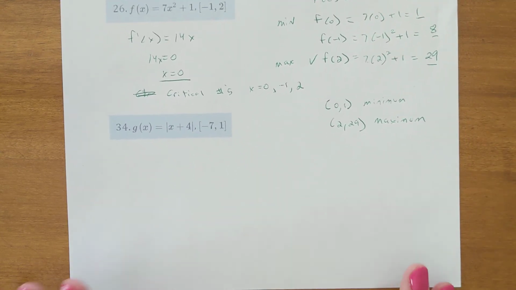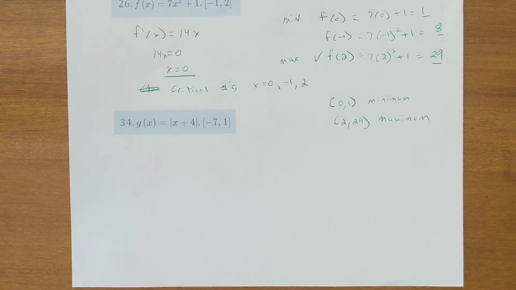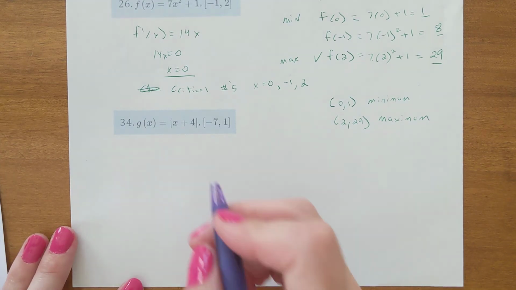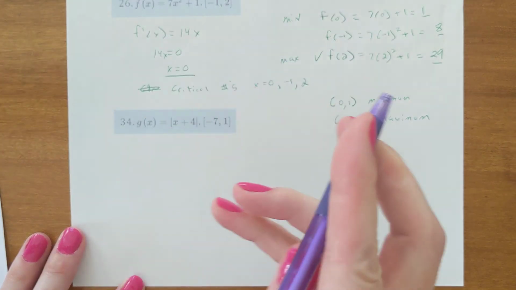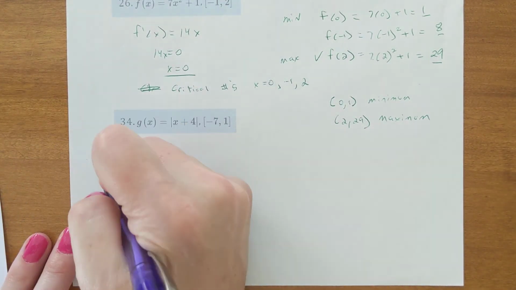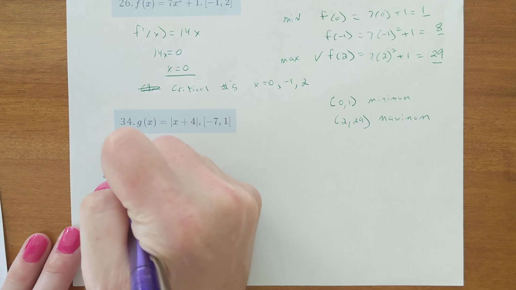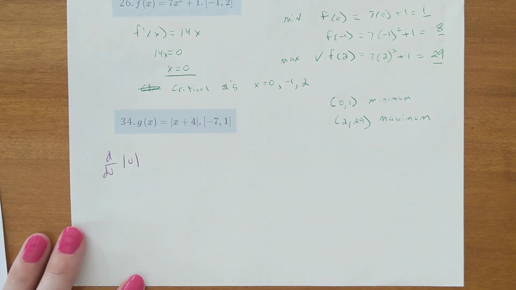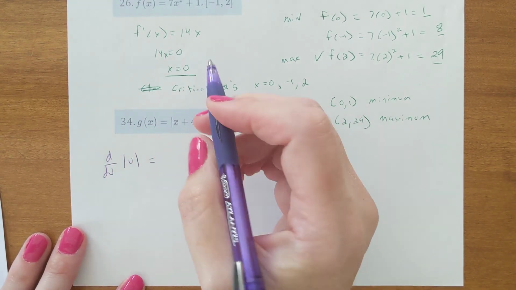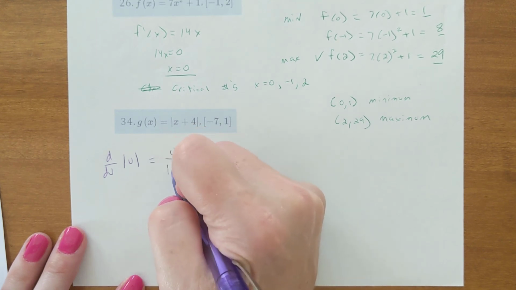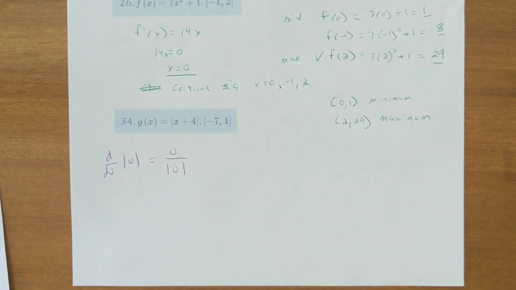Okay, on the next one, we have an absolute value, which brings up a new derivative rule that we really haven't done before: the derivative of an absolute value. If you're taking the derivative of the absolute value of u, the derivative of that is u over the absolute value of u.